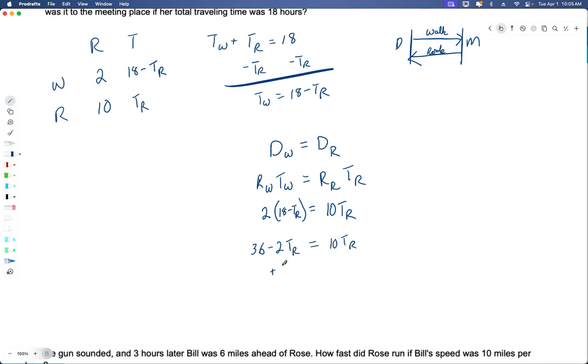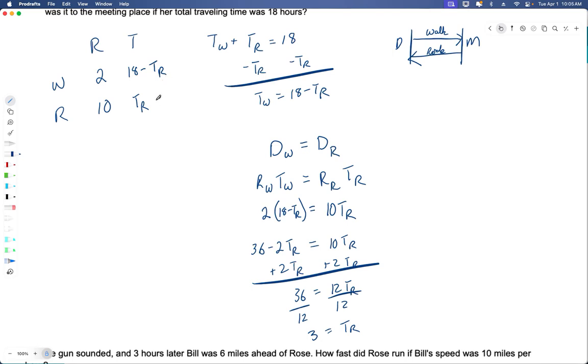I can add 2 TR to both sides. That gives me 36 is equal to 12 times TR. Dividing both sides by 12, I find that 3 is the value of TR.